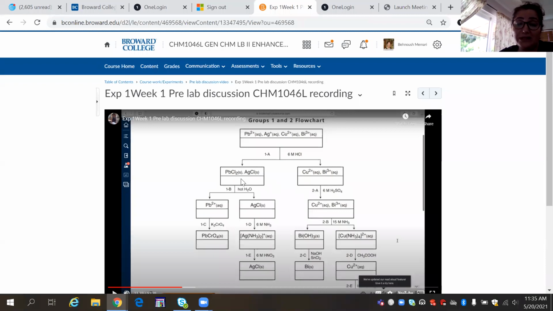Here you have a solid, so you just say a white solid has formed. After you add hot water and you separate it, if there is a precipitate present, you just say solid compound. Here is a solution, again a clear solution. Here you get a yellow color solution. Basically, you are using this space for your observation, whatever you see in the experiment. Good question. Any other questions you might have?